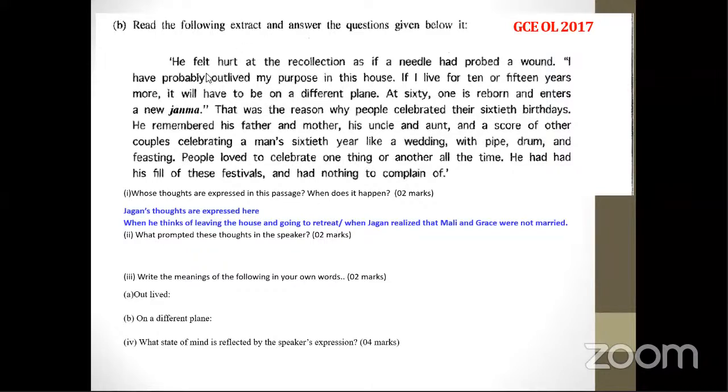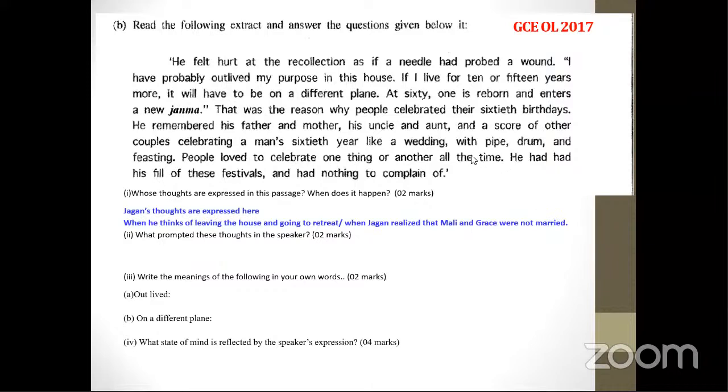If you remember the extract, it is a very painful situation for Jagan. He thinks he has lived too long in the house because of his son's conduct, Mali, the behavior. So even that part is taken as a correct answer, when Jagan realized that Mali and Grace were not married.